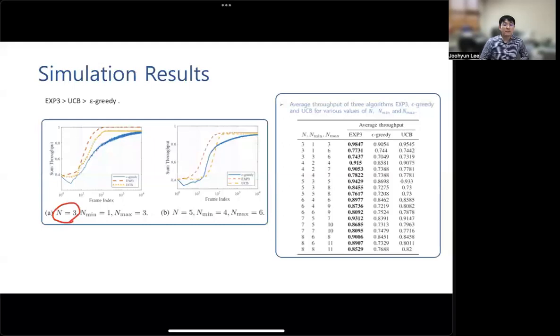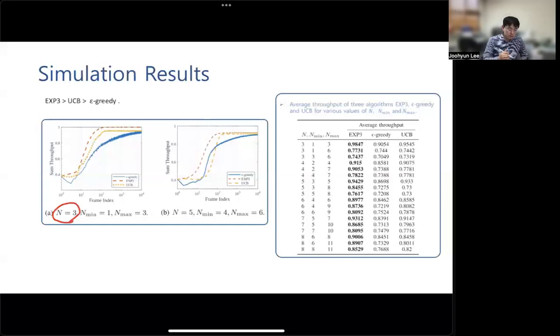Because the other users choose different slots, the remaining slot will give you a higher reward, so each user tries to avoid the slot number that other users have already chosen.